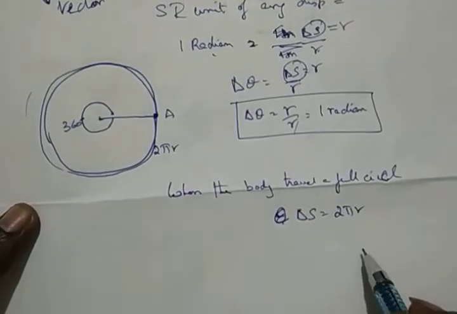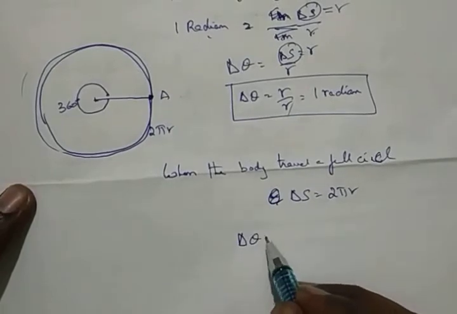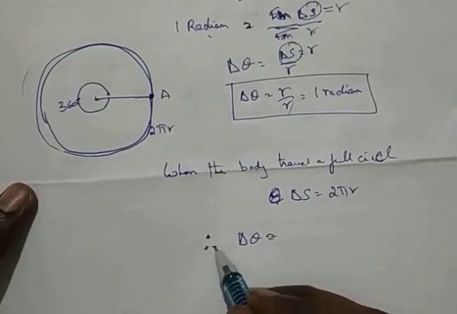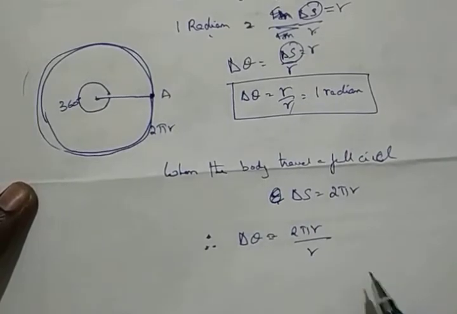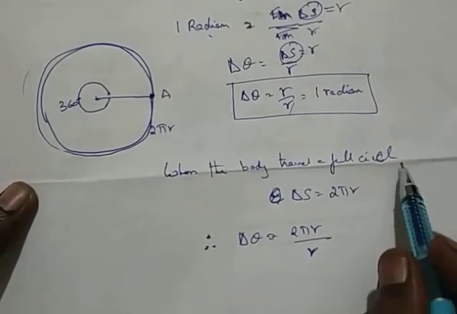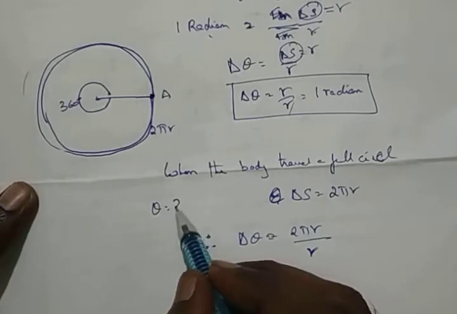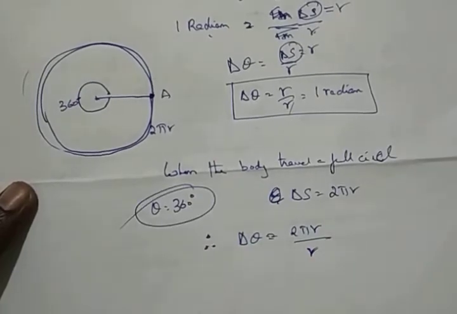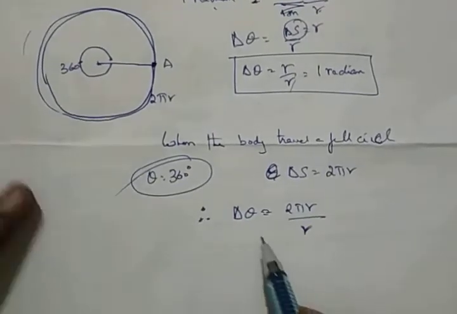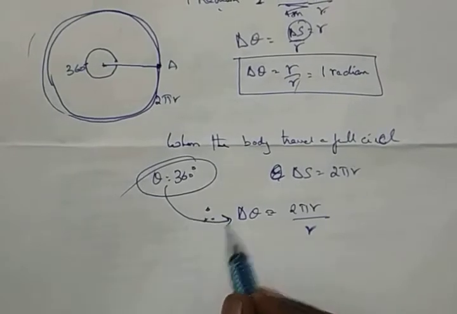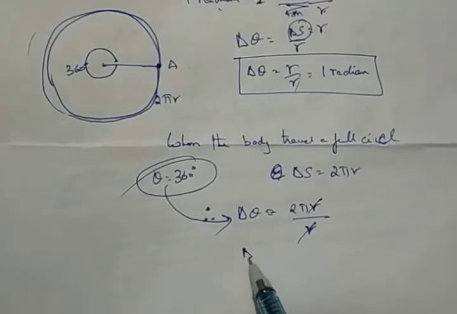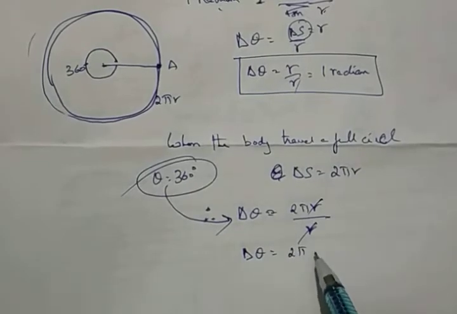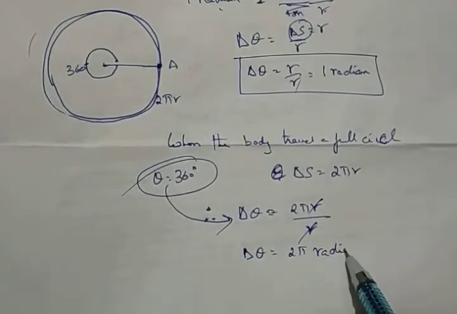So when delta S is equal to 2 pi r, what is delta theta? Therefore, delta theta is going to be equal to 2 pi r upon r. Full circle, theta is going to be equal to 360 degrees. So when you tell angle as 360 degrees, what do you mean by that? This will get cancelled out. So delta theta is equal to 2 pi radian.